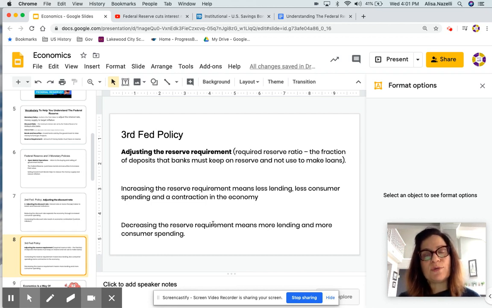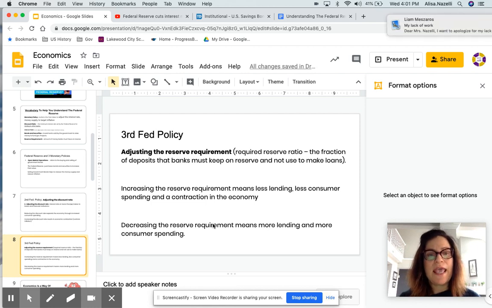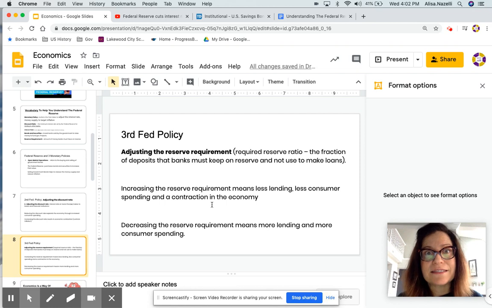And then that influences how much that bank has to lend to us, the consumers. And by increasing the reserve requirement, okay? That means that banks have to hang on to more money and they have to lend less and consumers will spend less. And when consumers spend less, prices go down.